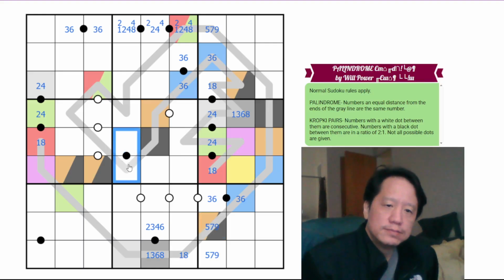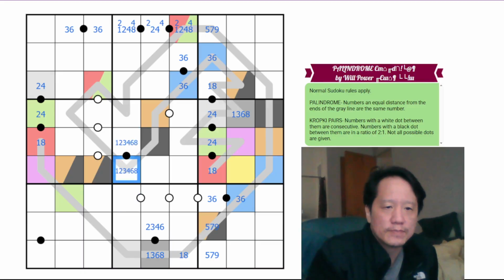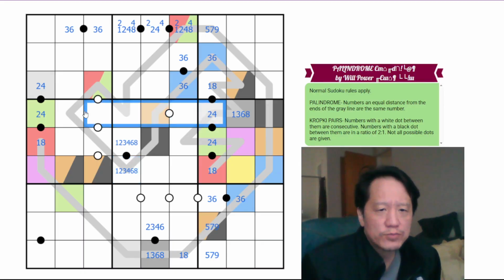1, 2, 3, 4, 6, 8. Where is red in row 4? It must be one of these two, right? Green in row 6.